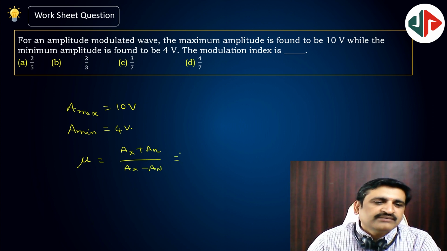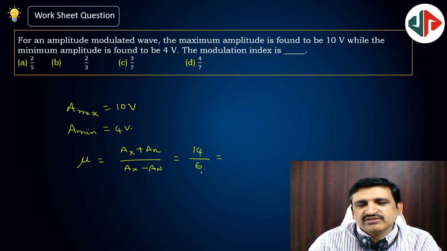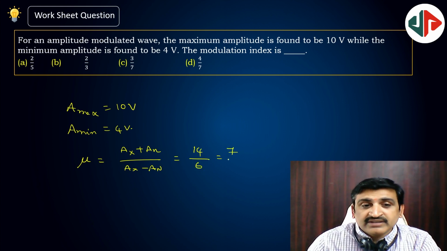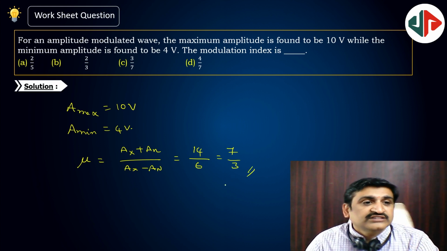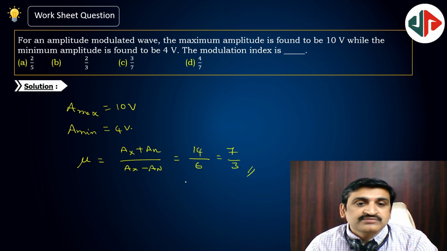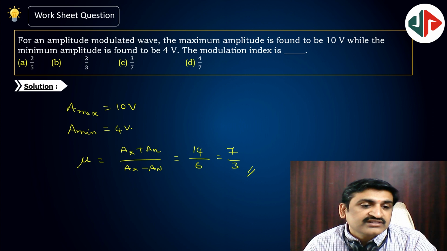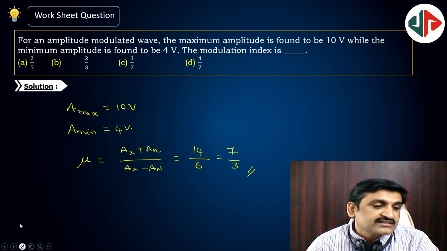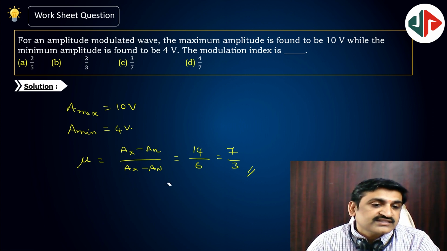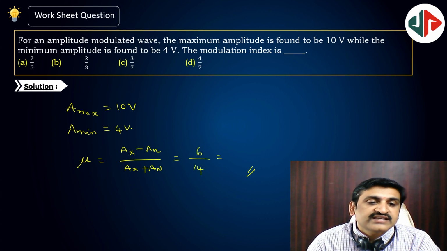Then what will come? 14 by 6, that means 7 by 3. But modulation index should always be less than 1, so I wrote it in reverse. This is minus and this is plus. So 6 on top, 14 below, that will be 3 by 7. That is the option.